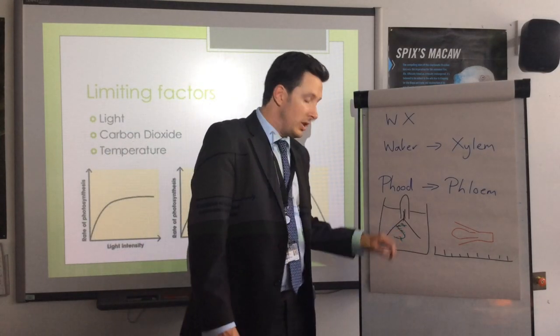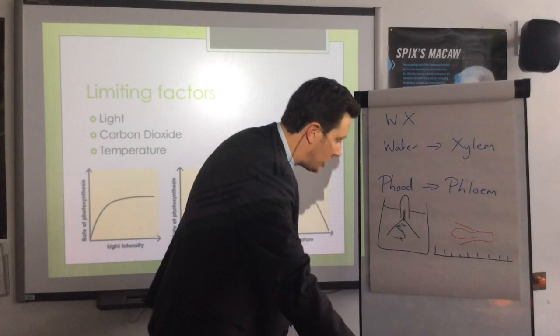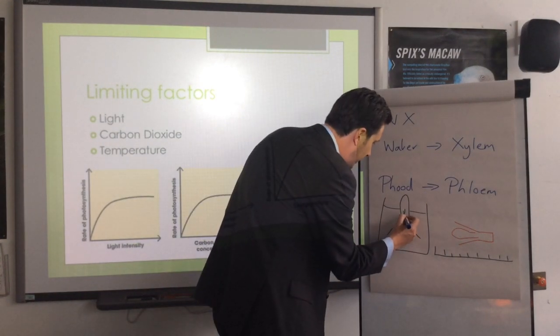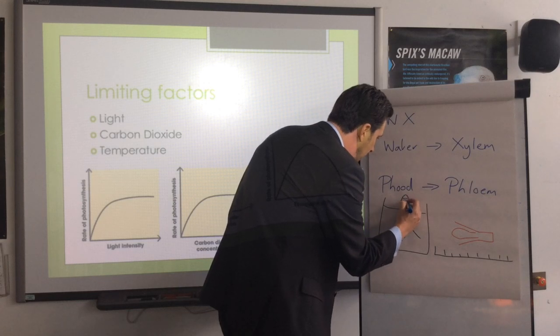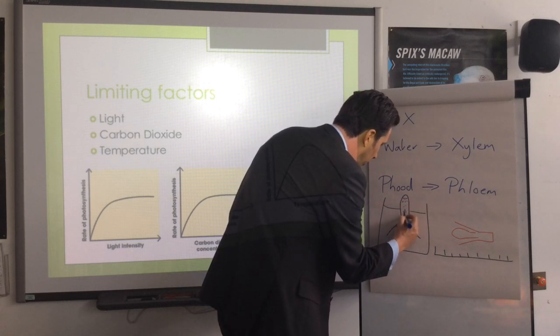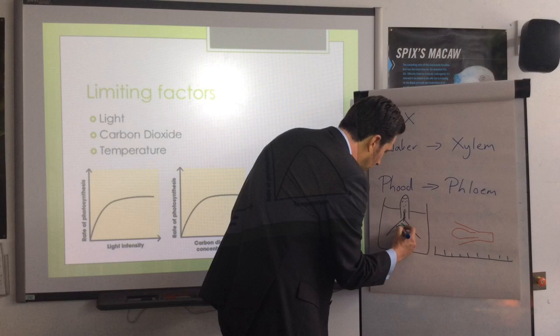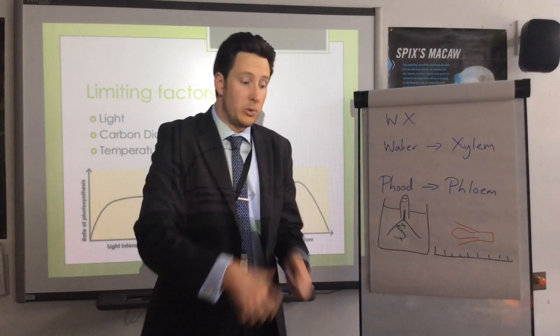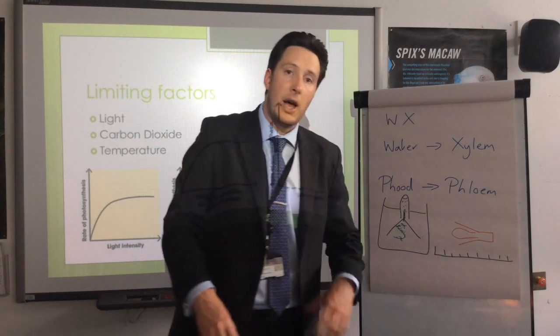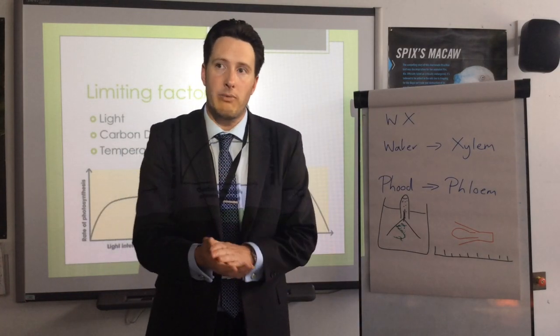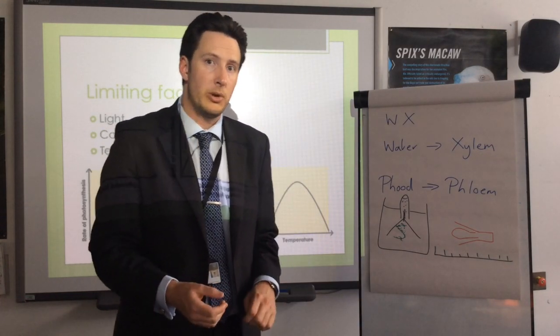With that, what they actually do is they count the number of bubbles of gas, oxygen, that is produced by the plant, so by the pondweed. And those bubbles float off to the top, and they'll fill up that tube, and that's how they measure the rate of photosynthesis, the number of bubbles that are produced.